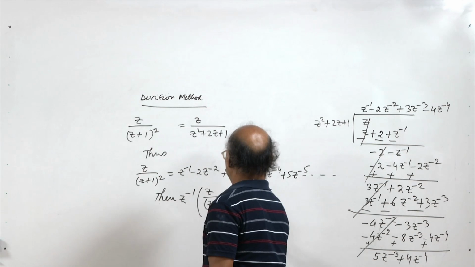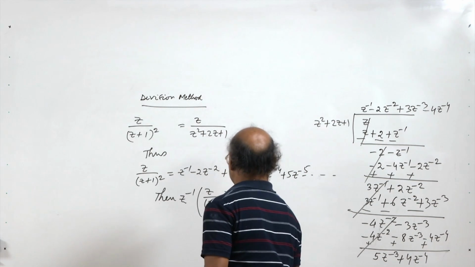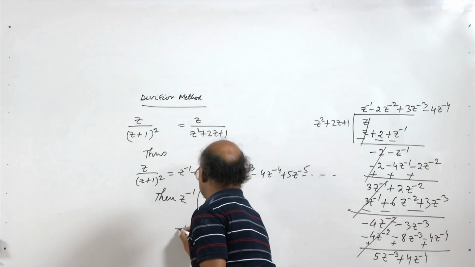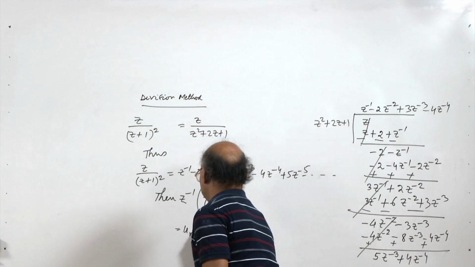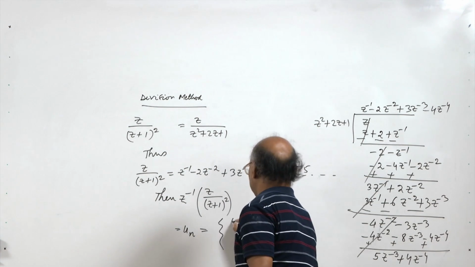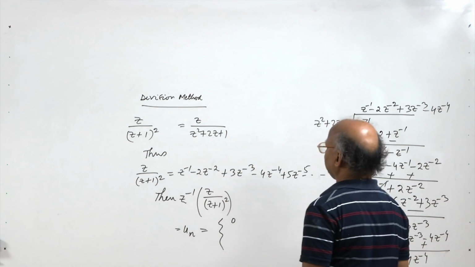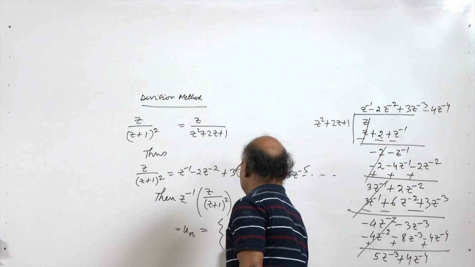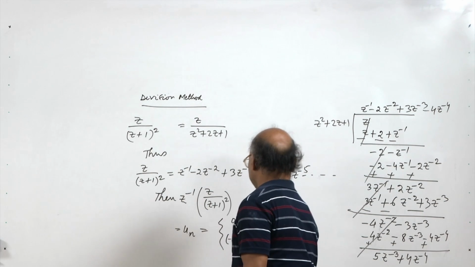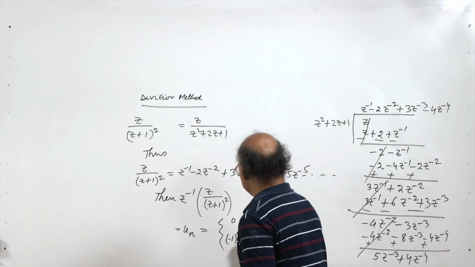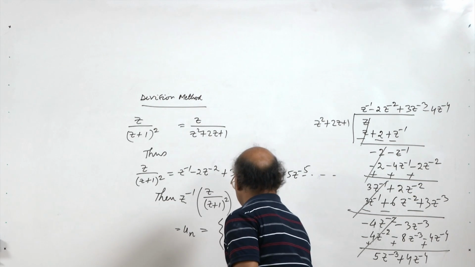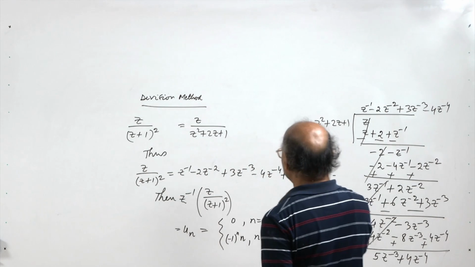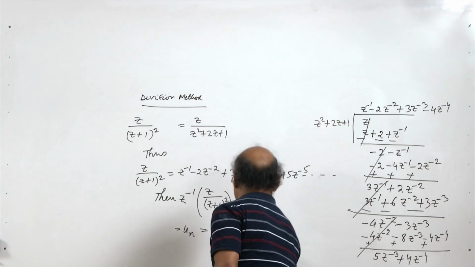This is equal to u(n) equal to 0 when n is equal to 0, because there is no term which is free from z, and (minus 1) to the power n minus 1 into n when n is greater than or equal to 1.